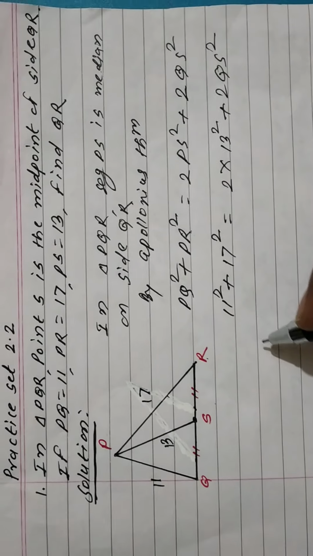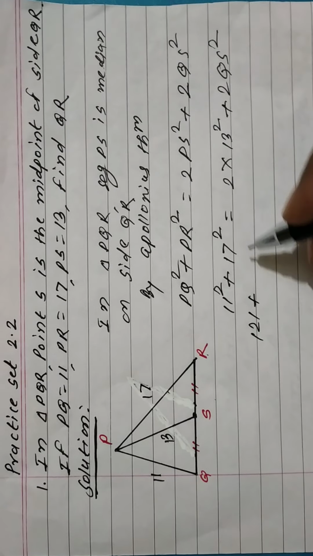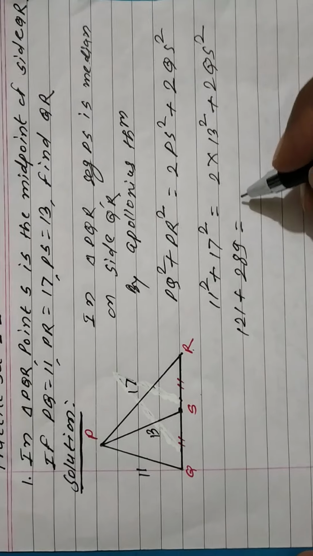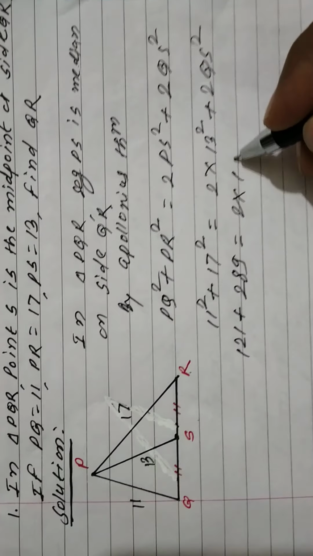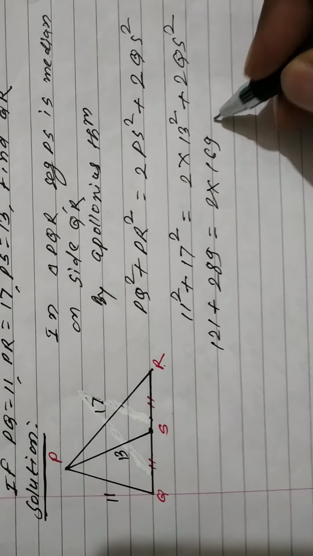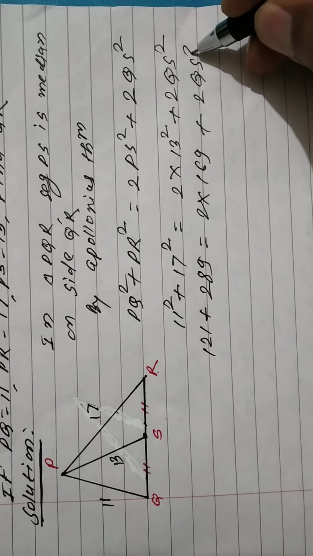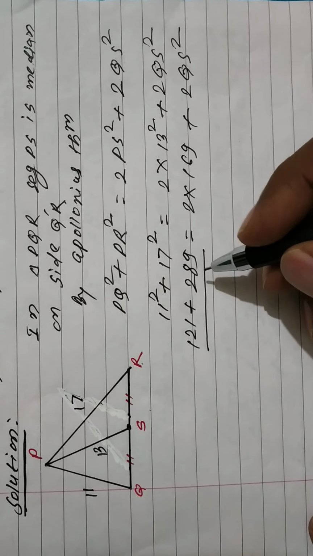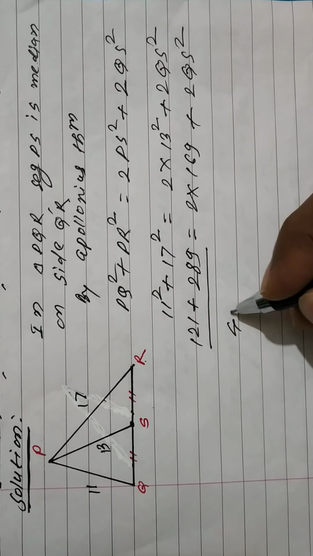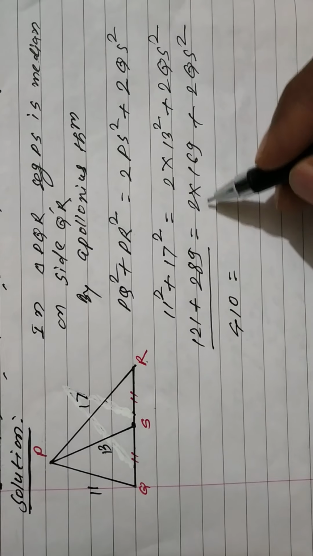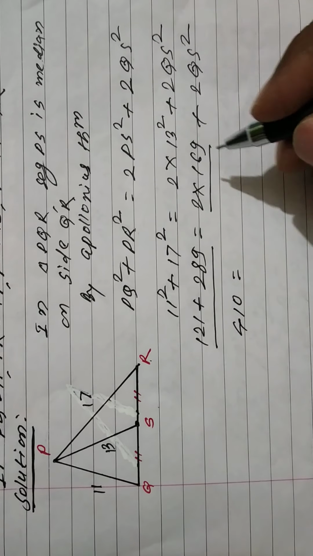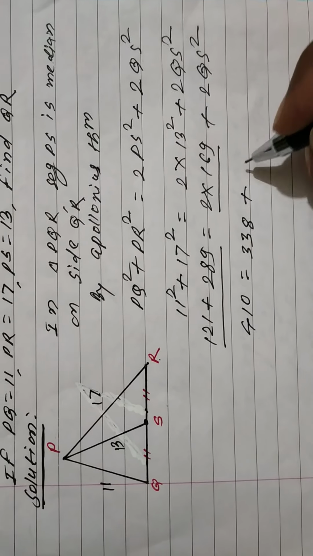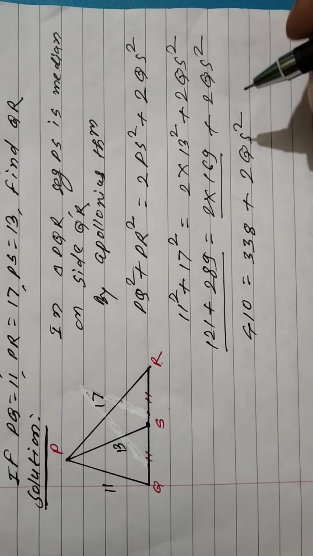What is the square of 11? 121 plus 17 square 289 is equal to 2 into 169, square of 13, plus 2 QS square. Sum of 121 and 289 is 410. This is equal to the product of 2 into 169, 338, plus 2 QS square.